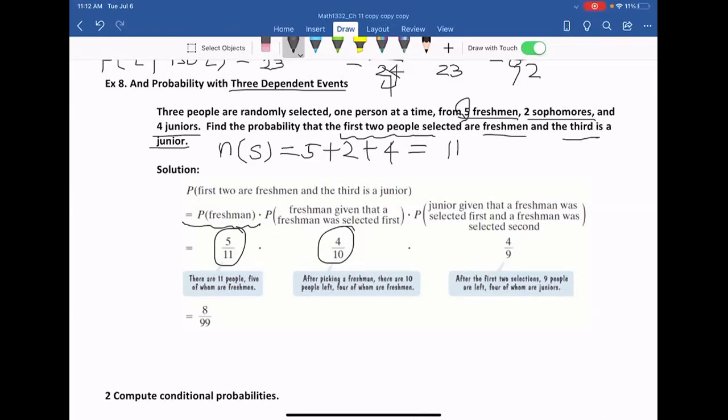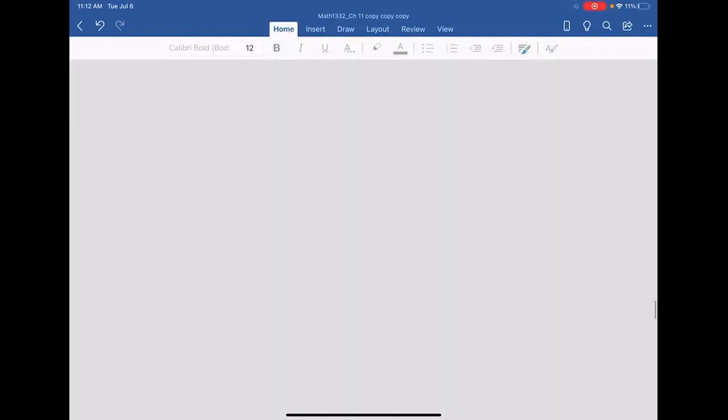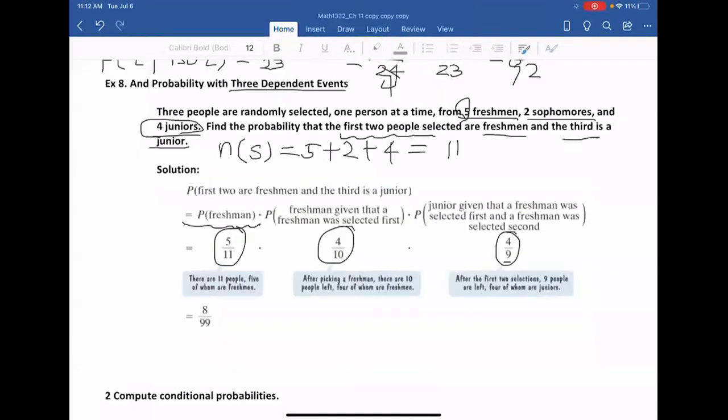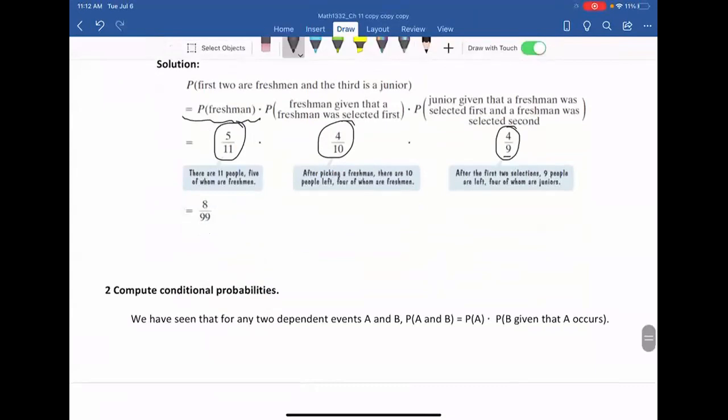We already selected 2 people, so the sample space becomes 9. We need to choose a junior from 4 juniors. That is 4 over 9. So you multiply them together, and the probability is 8 over 99.